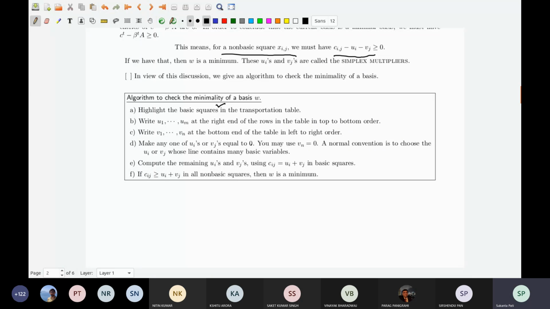So using that you have to compute Ui and Vj. Because your graph is a tree, you will be able to compute it uniquely. This will give you a unique solution. Okay, and then you try to see whether Cij is greater than or equal to Ui plus Vj on all non-basic squares. If it is true, then you say W is minimum.